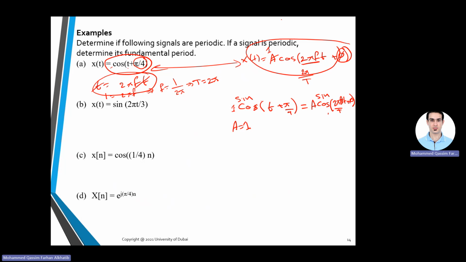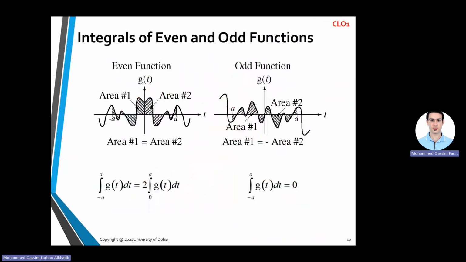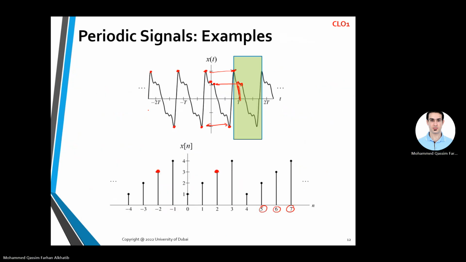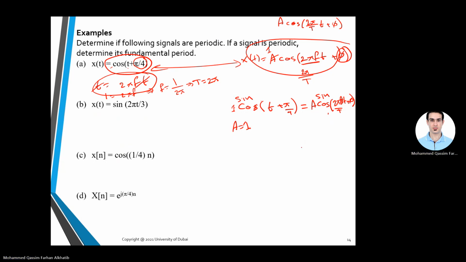So you can say A cosine(2 pi over T t + phi). Yes, you can do that. Why? Because previously we said that the frequency is 1 over T, or the angular frequency is 2 pi over T, and as we said, omega equals 2 pi f equals 2 pi over T.